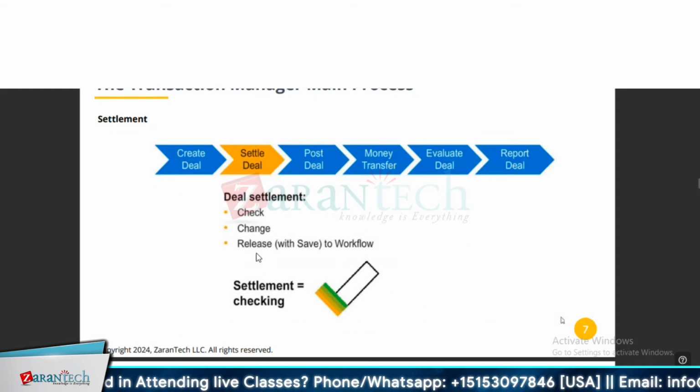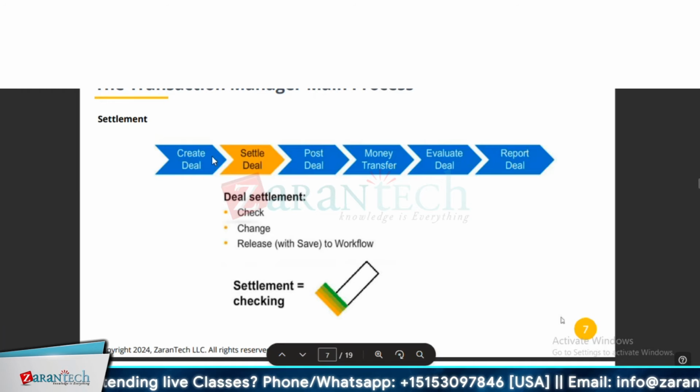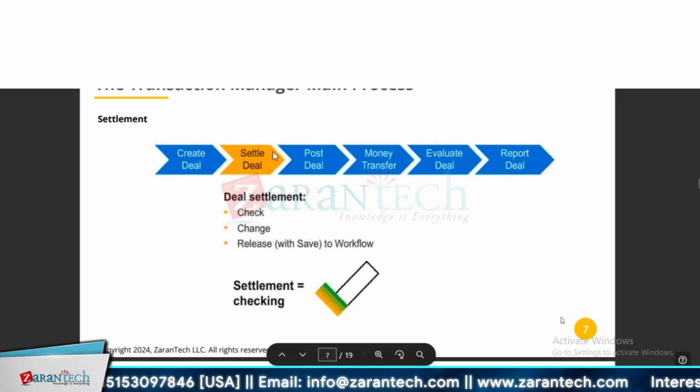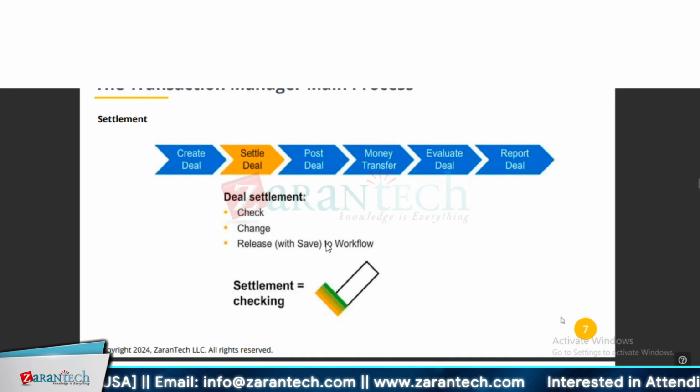Okay. Now this says the same thing. After deal creation we have the settlement of the deal. Settlement of a deal is a very important process before we go ahead and post it to accounting. The reason we have the settlement step is that it provides us a workflow.